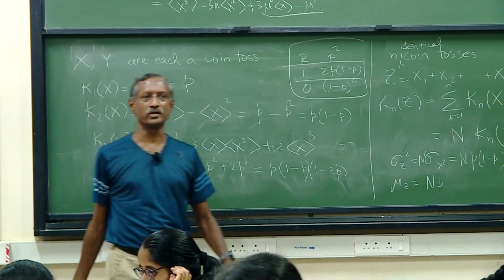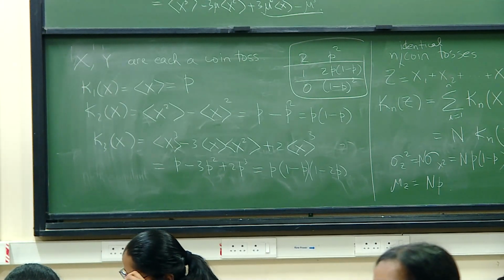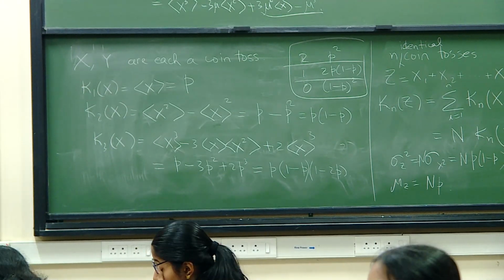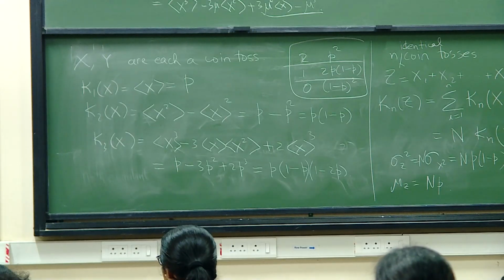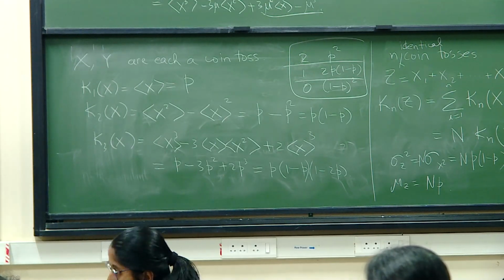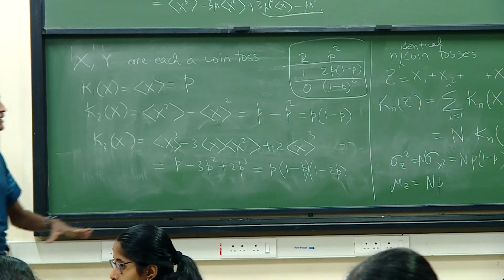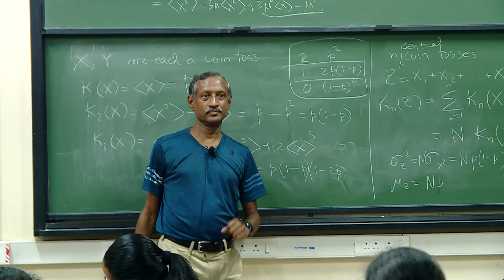We know how to compute it by hand. So in principle, I can compute the variance without using X and Y. But since I know cumulants, life is easier. I don't have to go through this step. I am skipping this whole step.